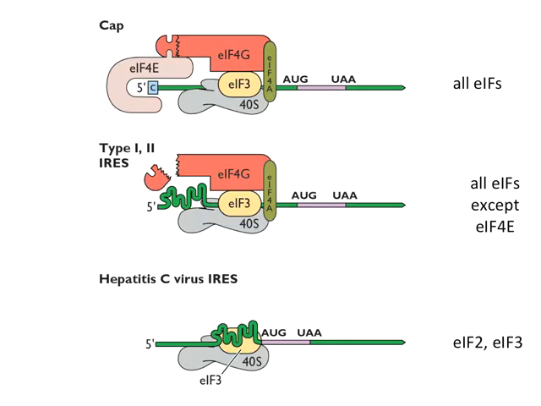Now, for other IRESes, it's probably a little more complex. Here is the Hep C IRES for reference. Just the ribosomal 40S subunit can bind the IRES. This is an IRES of, say, picornaviruses. Here we think more of the initiation proteins are needed for binding.